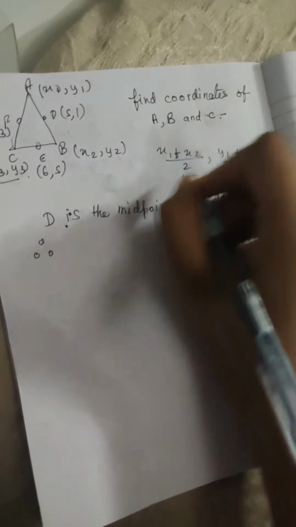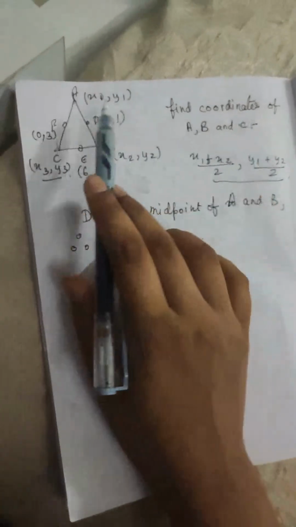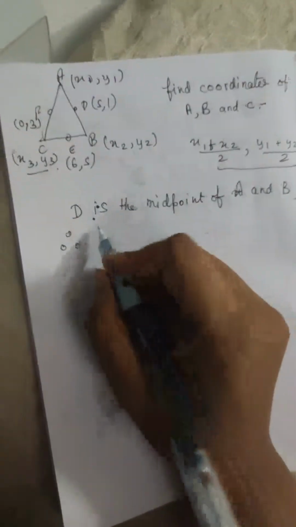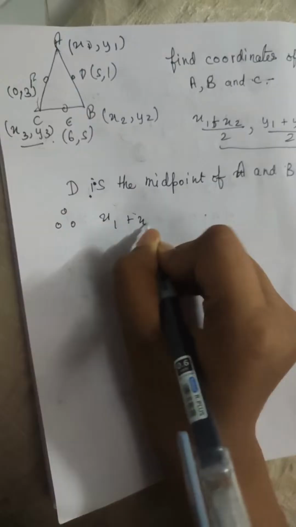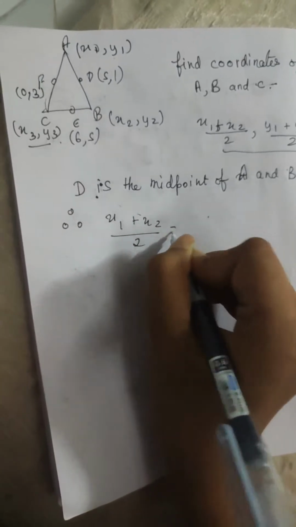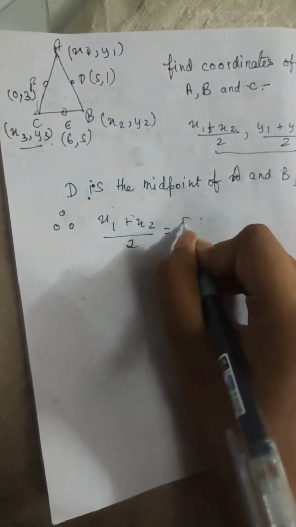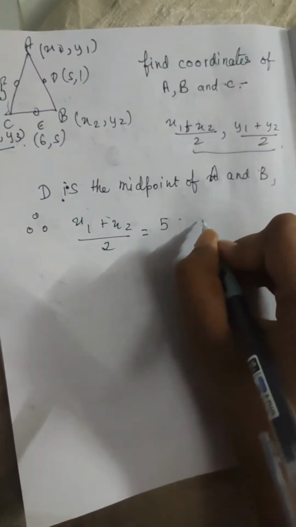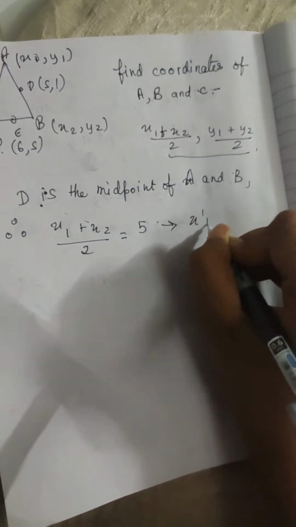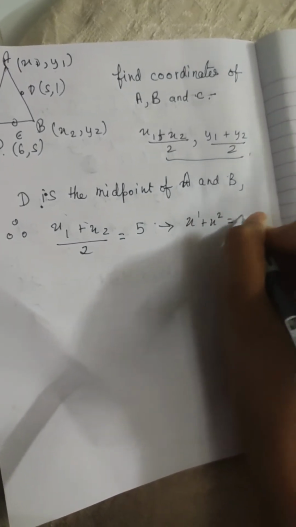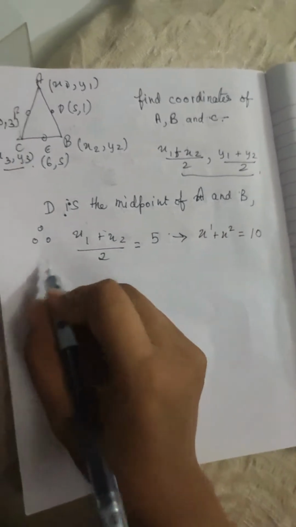This formula, you know. So we are going to apply this only for each term. So yeah, x1 plus x2 upon 2 is equal to 5. 2 will go there. So the answer will be x1 plus x2 is equal to 10. So this will be the answer here.